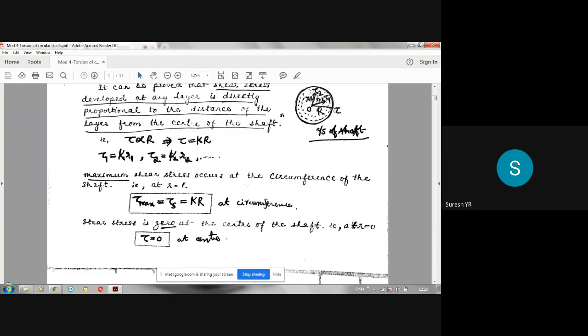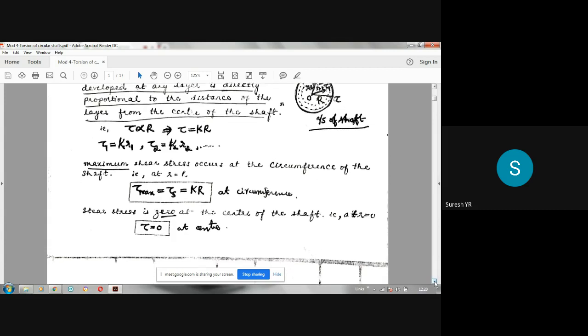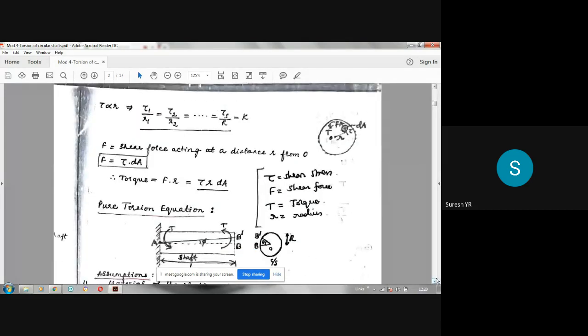So maximum shear stress occurs at the boundary of the shaft. Tau is maximum at the boundary of the shaft, that is at r is equal to capital R, and it is 0 at r is equal to 0. There is no shear stress at the center according to this equation. So shear stress is directly proportional to the radial distance from the center.